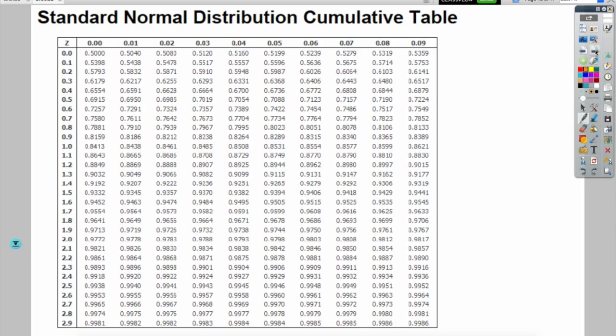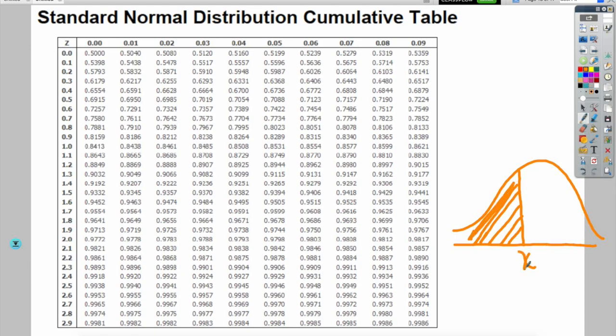Okay, more specifically, these represent probabilities that are to the right, sorry, that's left, to the left of some particular x value, okay? You need to make a note somewhere near this table that these probabilities are based off of to the left of some particular x value, of any x value, okay?